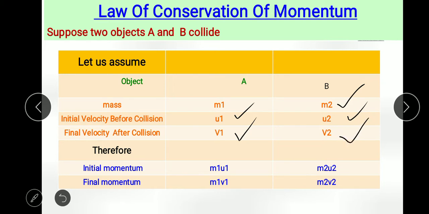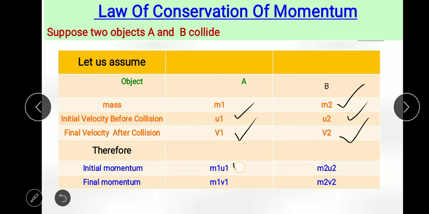Now here this is our assumption, therefore we can say initial momentum. Students, we know momentum is nothing but mass into velocity. We have done this in our last videos, so just remember momentum is nothing but mass into velocity. When we talk about initial momentum, it is mass into initial velocity.